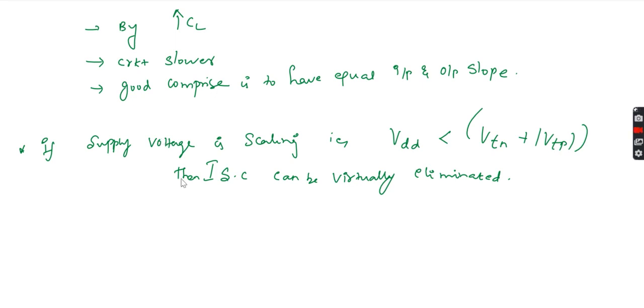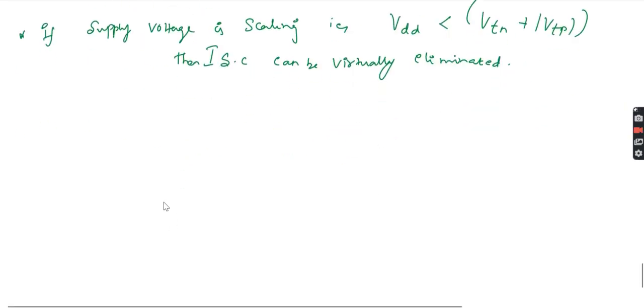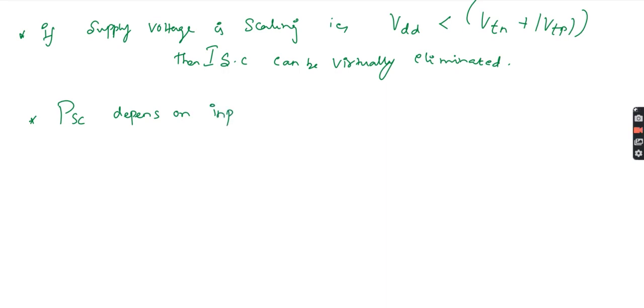So from this we can state that the short circuit power dissipation depends on input rise or fall time. That is the first observation we made. The second observation we made, clock frequency, that is f clock.